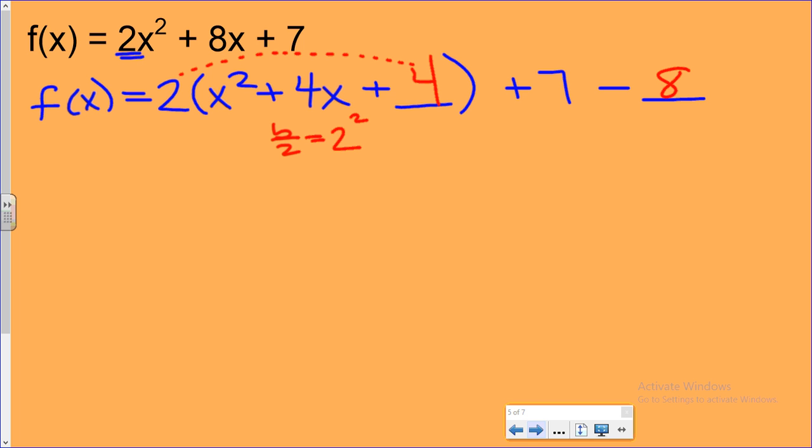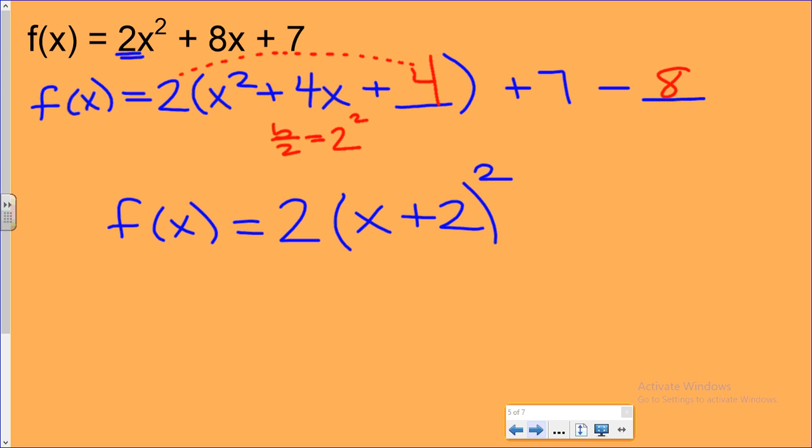So we need to subtract 8 from that equation. So what we have is 2 times the quantity. This factors to x plus 2, the quantity squared, and then we're left with minus 1.